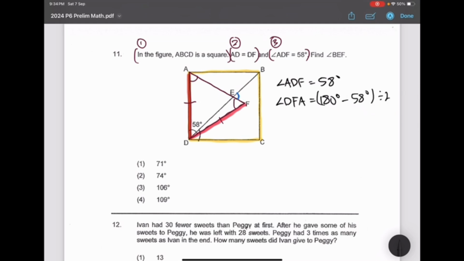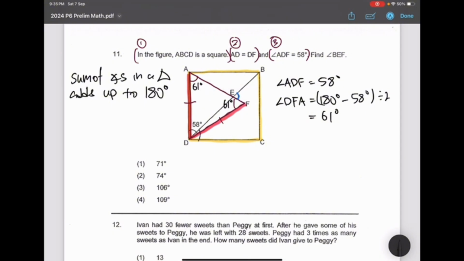Because first concept, the sum of angles in a triangle adds up to 180 degrees. So what will I get here? I will get 61 degrees. So now I know that my angle DFA is 61 degrees and my angle DAF is also 61 degrees.